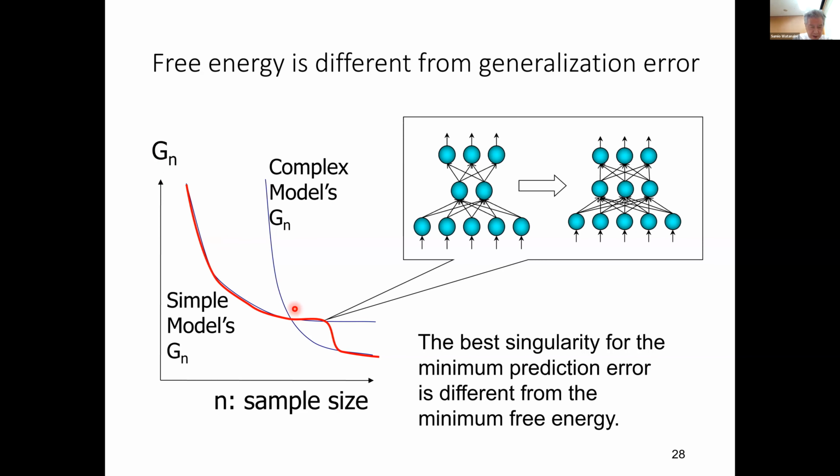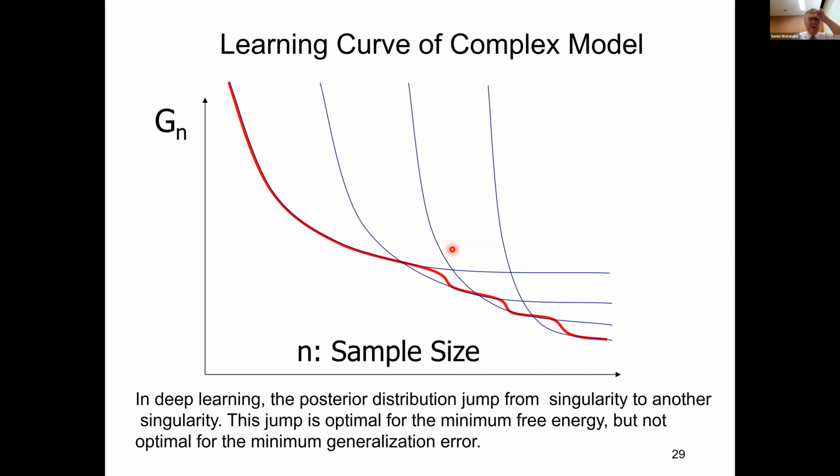So this is a changing point, and this is the behavior of the generalization error. This is a learning curve of a complex model. Here N is the sample size, and this is the generalization error. We can observe this learning process caused by singularity.